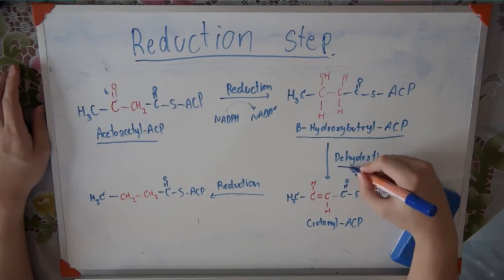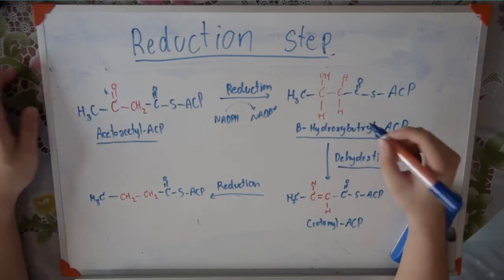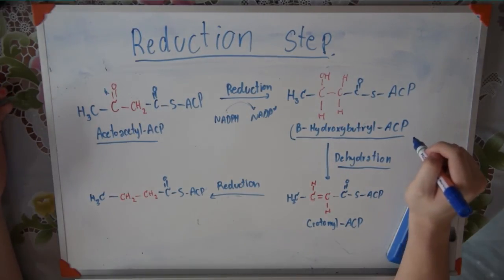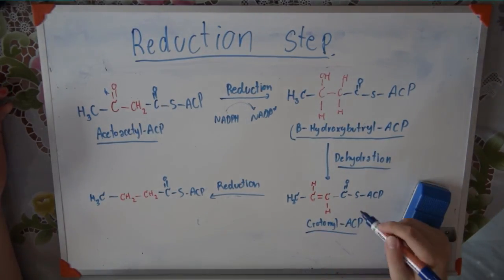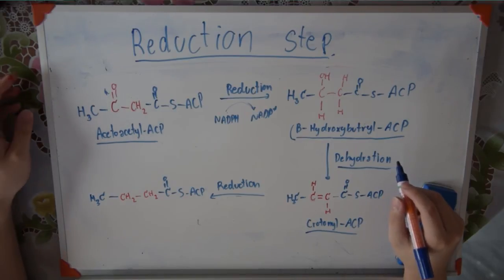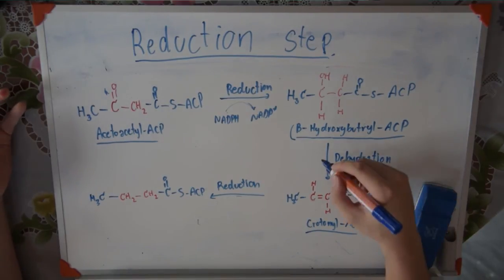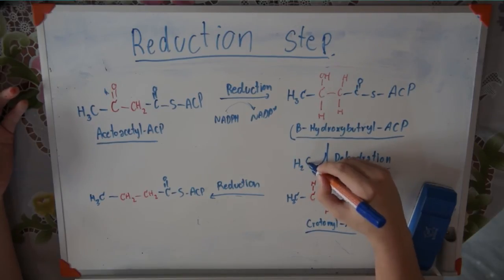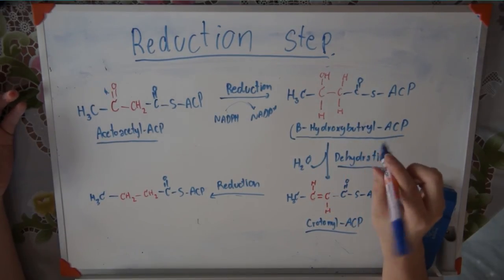The dehydration step is the conversion of this beta-hydroxybutyryl ACP to the crotonyl ACP with the release of water.